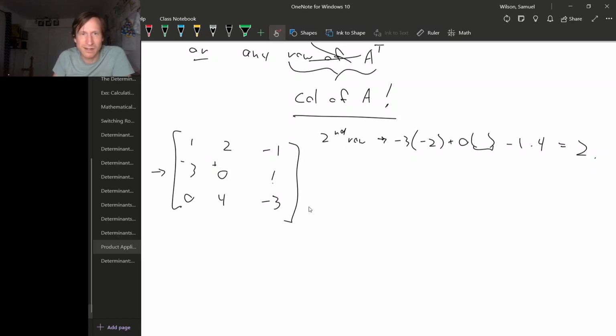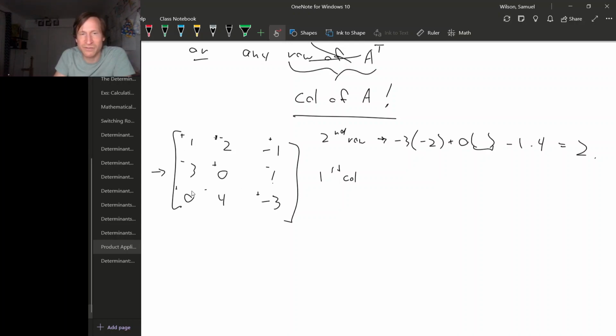Now let's expand along the first column. When you expand along a column, the pattern of pluses and minuses is the same; the signs coming out of the cofactor are the same, so still plus, minus, plus, minus, plus, minus, plus, minus, plus.